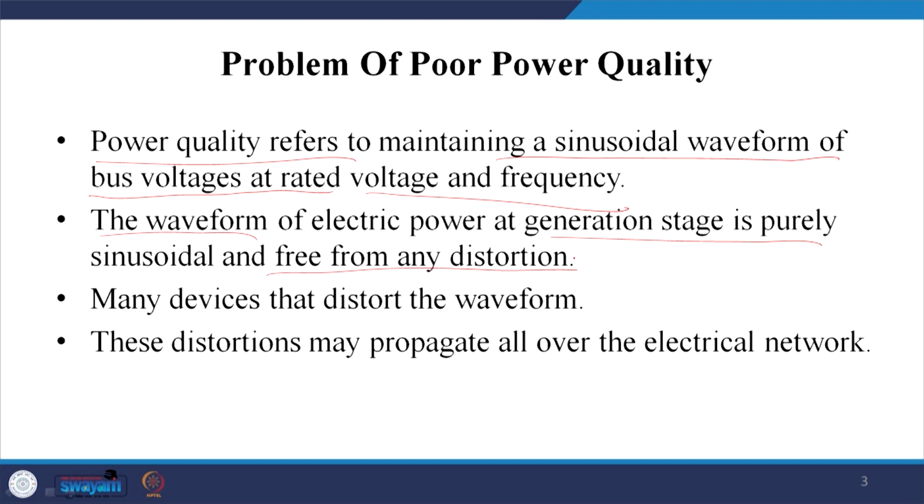But in between, when the power reaches me, there are many sources of contamination, and many devices that distort the waveforms, and for this reason we get contaminated power. This distortion may propagate all over the electric network, or it may be restricted, bypassed or segregated. There are many options. If it propagates, then it causes hazards to others.